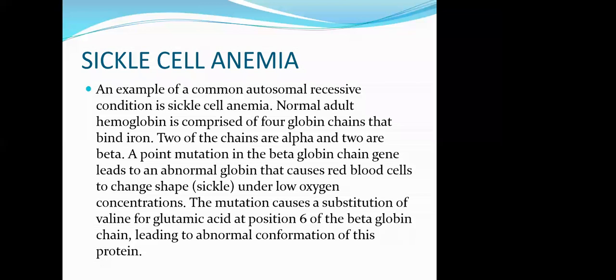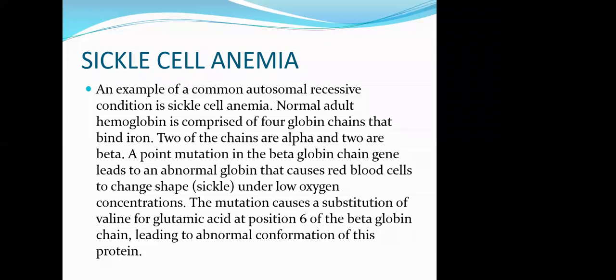Remember, iron is the main component of hemoglobin because of its oxygen binding capacity. 2 of these globin chains are alpha and 2 are beta. A point mutation in the beta globin chain gene, which is on chromosome 11, leads to an abnormal globin. This abnormal globin causes red cells to sickle under low oxygen tension.